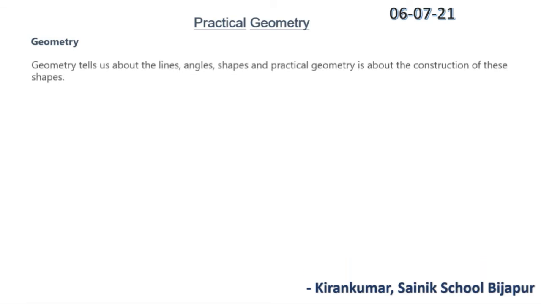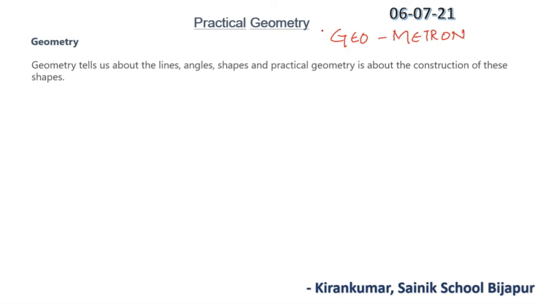First, let us take up the word geometry. Geometry tells us about lines, angles, shapes, and practical geometry is all about the construction of these shapes. The word geometry is derived from two different words. Geo refers to earth and metron refers to measurement.